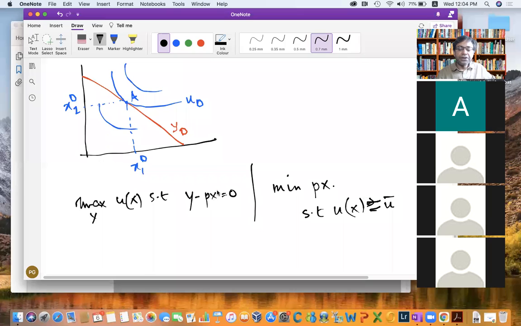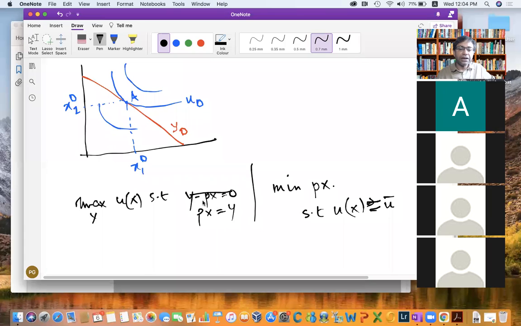All right. So what's the link between these two problems? This first problem's objective function is this problem's constraint function, and the first problem's constraint function becomes this problem's objective. Let me write it as px equals y.